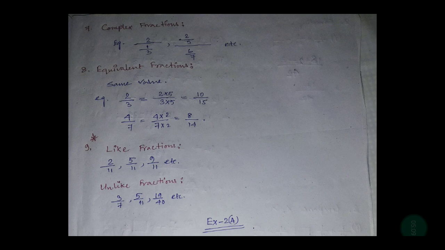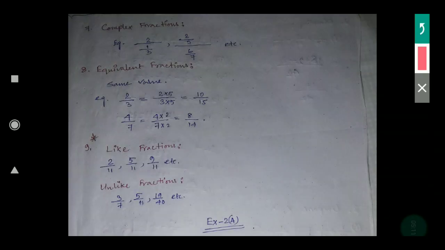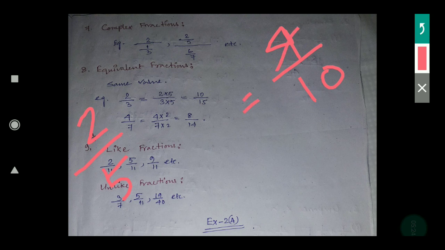Suppose see this one, you have 2 by 5, and I have written 4 by 10. So tell me, are these two equal or not? 4 by 10, if you do cancellation, 2 2s are 4, 2 5s are 10. That means ultimately it is 2 by 5, and here also 2 by 5.